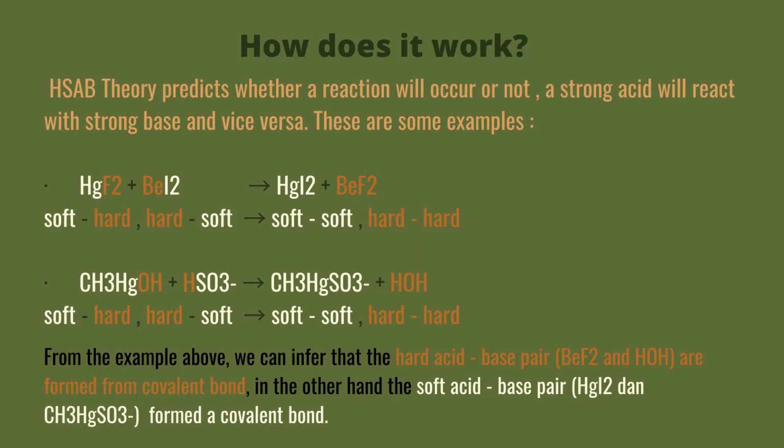The hydrogen is a hard acid and the sulfide is a soft base. The result follows the principle because the methylmercury pairs with the sulfide and then the hydrogen pairs with the hydroxide.